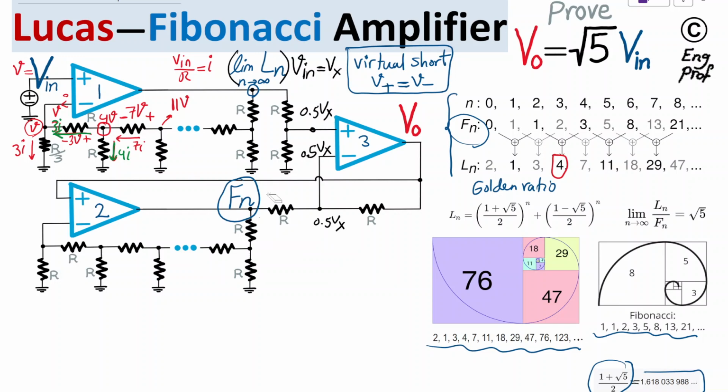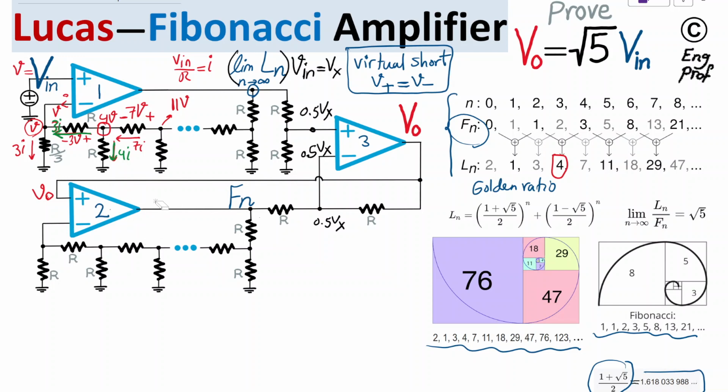Now, look at op-amp number 2. What happens is via this feedback route, which I'm going to show with different colors, Vout appears at the positive terminal of op-amp number 2. So therefore, what I get is Vout is here. Again, op-amp 2 is properly biased, so VDD, negative VDD is properly connected.